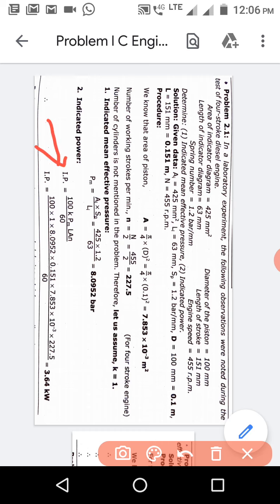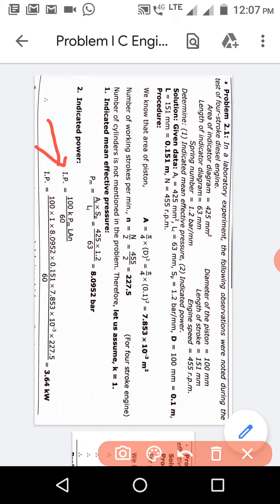Indicated power is equal to 100 into K, where K is the number of cylinders, into mean effective pressure, into stroke, into bore area, into number of explosions per cycle, divided by 60. From this formula we can easily calculate the indicated power.